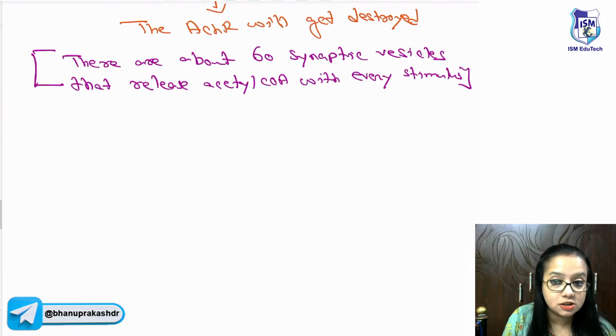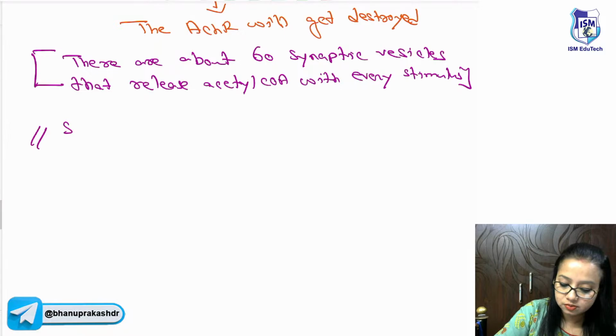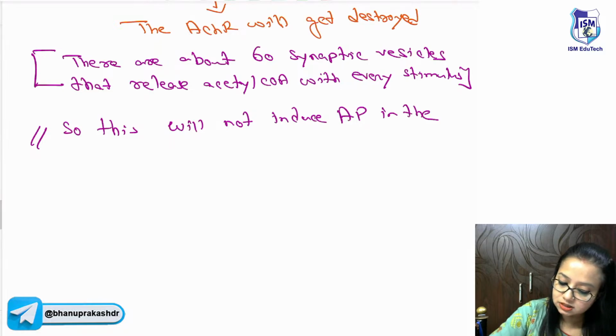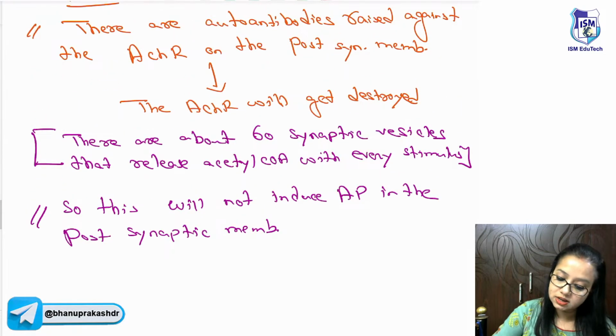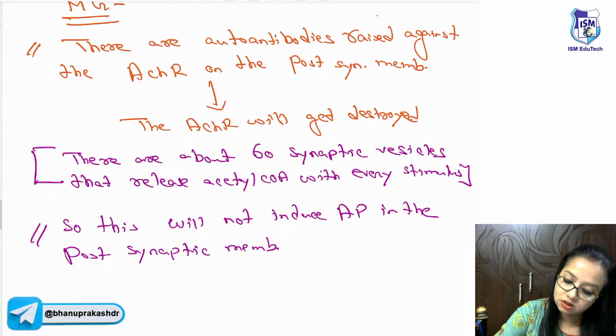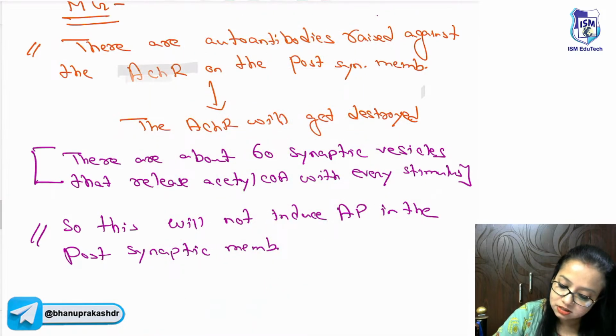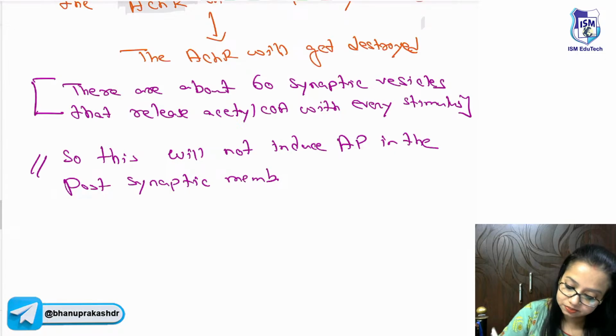But if the receptors are less in number, even if acetylcholine is there, it has got no place to bind. So this will not induce an action potential in the postsynaptic membrane. Now, this is one type of myasthenia gravis in which the antibodies are raised against the acetylcholine receptor. Okay.